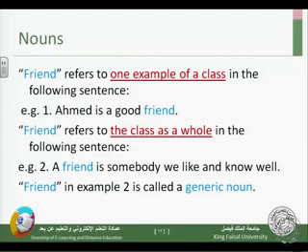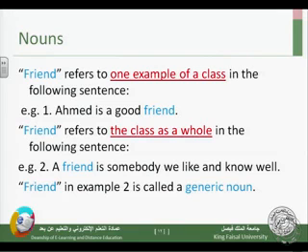Friend refers to the class as a whole in this sentence. A friend is somebody we like and know well. So friend here talks about all friends. This is a definition. We define the noun friend as somebody we like and know well.